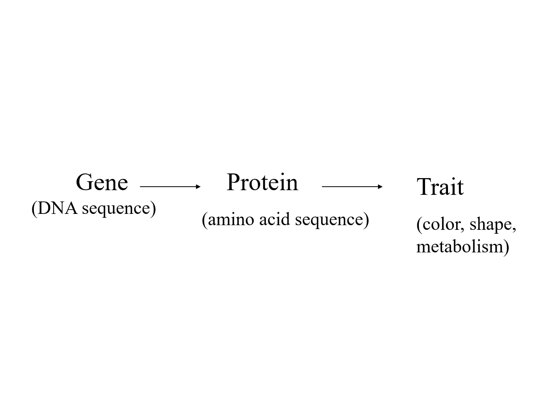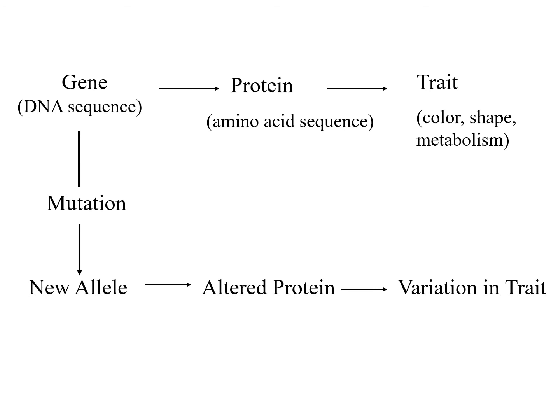The nucleotide sequence of a gene dictates the amino acid sequence of a protein. And it's the presence of proteins ultimately that produce traits. A phenotype is a color or a shape or the ability to perform a metabolic process, and those are due to the presence of proteins, and the proteins are the result of gene expression.